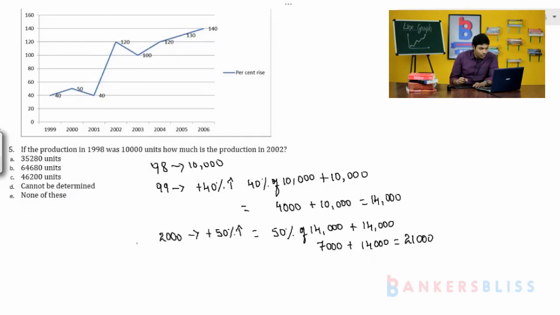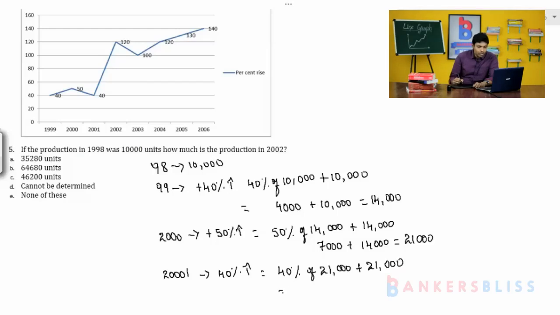Next you go for 2001. So 2001 it is 40% increased. So 40% increased means again 40% of 21,000 plus 21,000 you do.